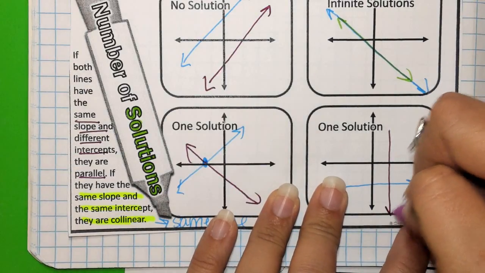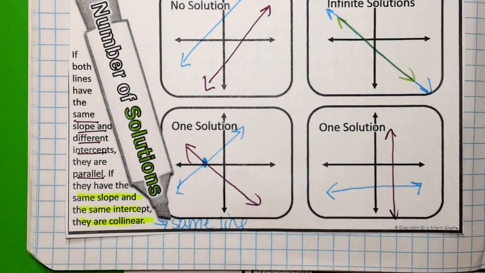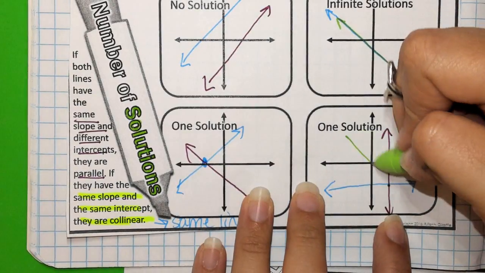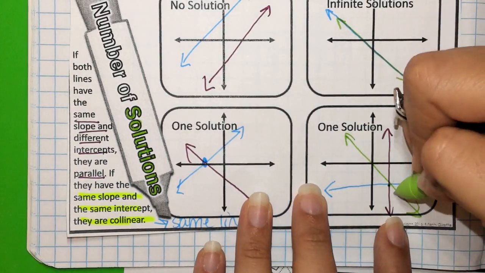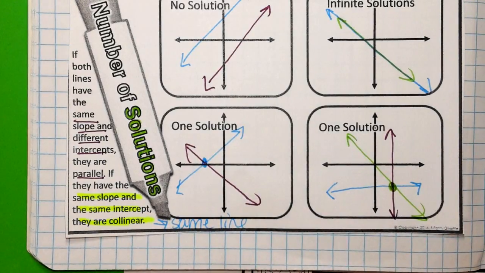But didn't we say it could be two or more? So where would that third line have to cross for it to have one solution? Would that third line also have to cross right here? Yeah. It would. And remember, our system is two or more. So we have three lines. They all cross at one point.